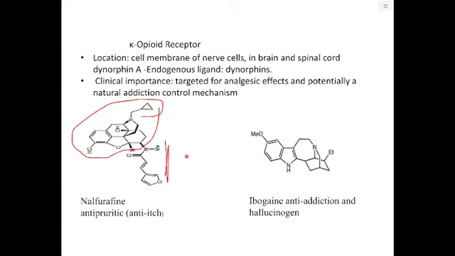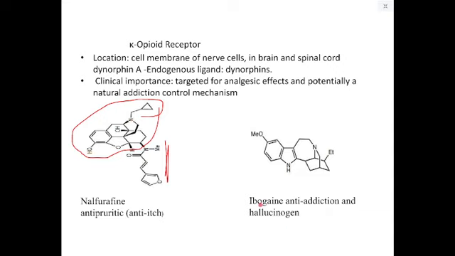It's called nalfurafine. You can see for sure it is a morphine derivative, and therefore it is a morphine analog, and therefore can go for the K receptors. But now this time, when it goes for the K receptors, it can bring about a hallucinogenic effect.